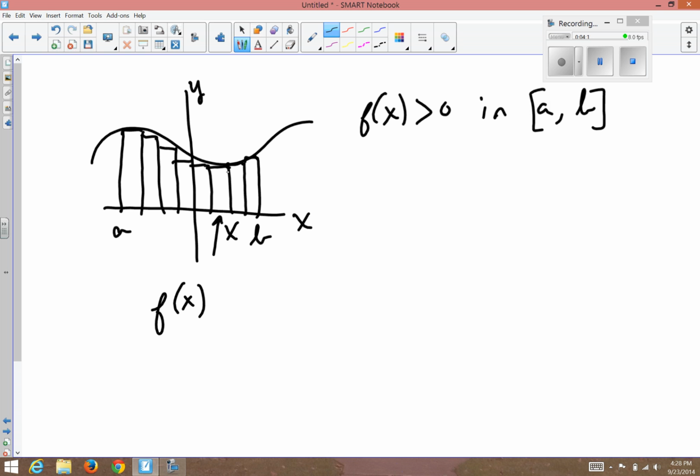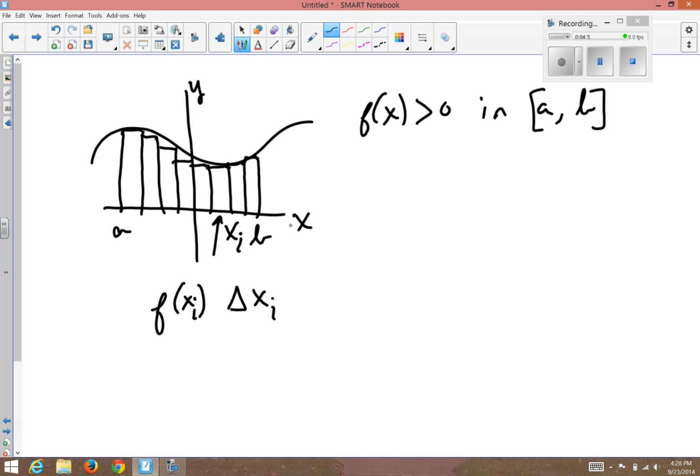It's the y coordinate of this point. The width of the rectangle is delta x. That's how wide each of these rectangles is. And because I'm talking about one specific rectangle, I'm going to say x subscript i, meaning I'm referring to the ith rectangle.